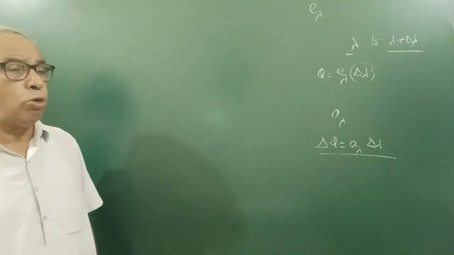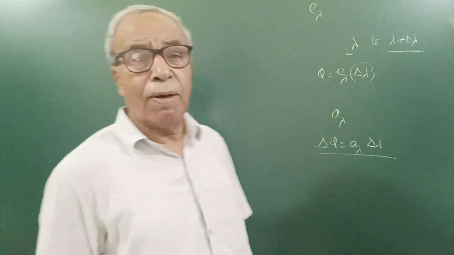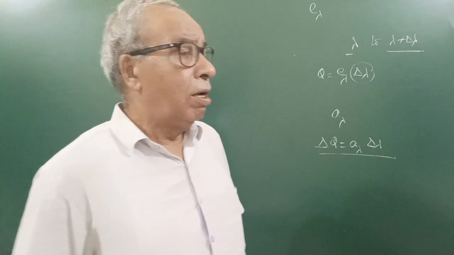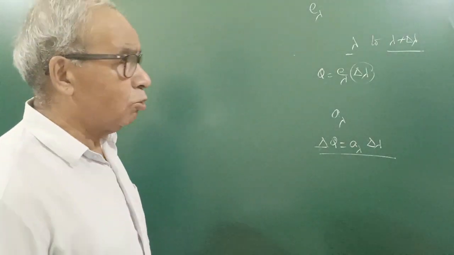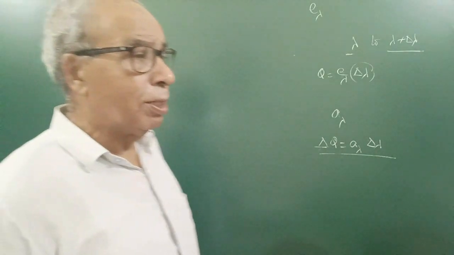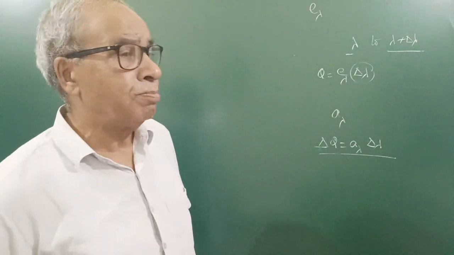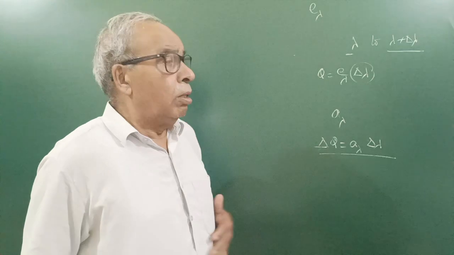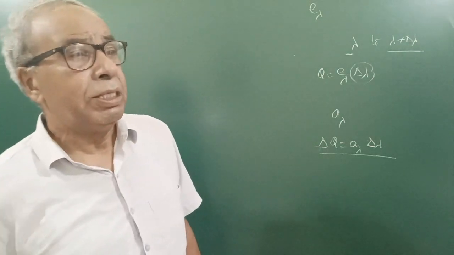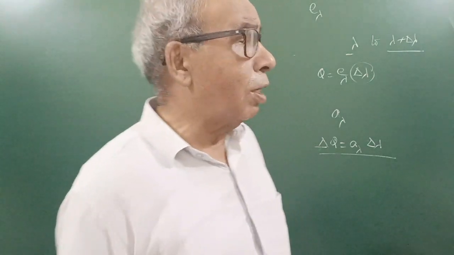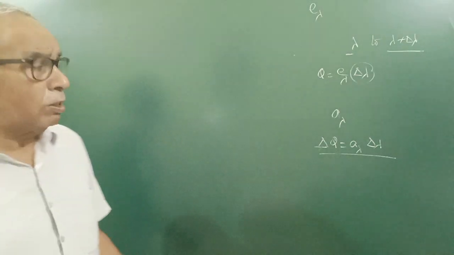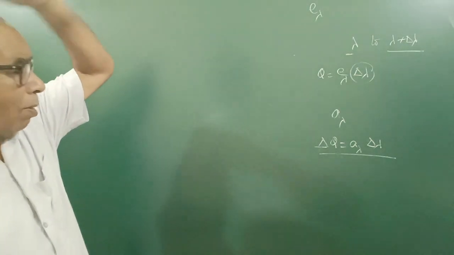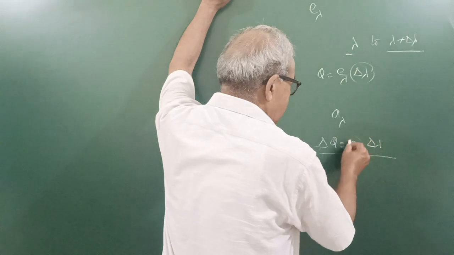Absorptive power. I told you that when radiation falls on the surface of a body, some amount of energy is absorbed, some is reflected, some is transmitted, and the amount of energy absorbed by a body divided by the total radiation energy falling on it is called absorptive power, A lambda.